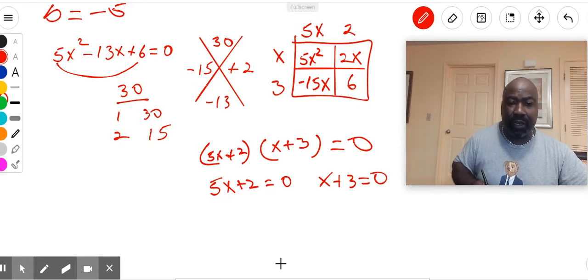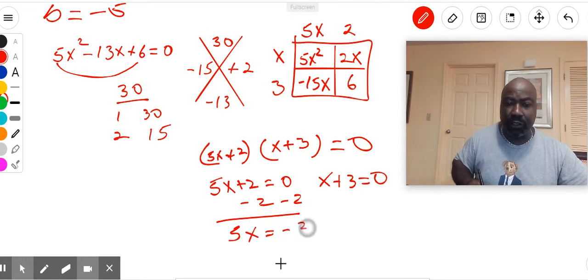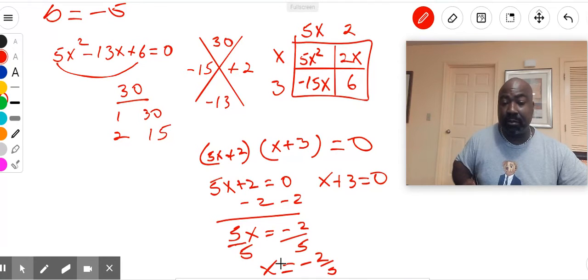So when I subtract 2 on both sides, I have 5x is equal to negative 2, divided by 5, divided by 5. x is equal to negative 2/5. And here I have what? Minus 3. x right here is equal to negative 3.